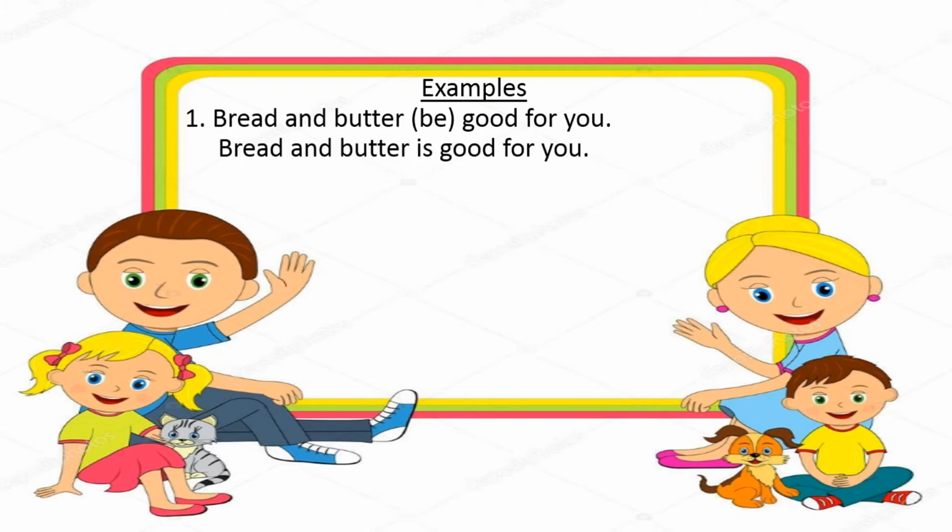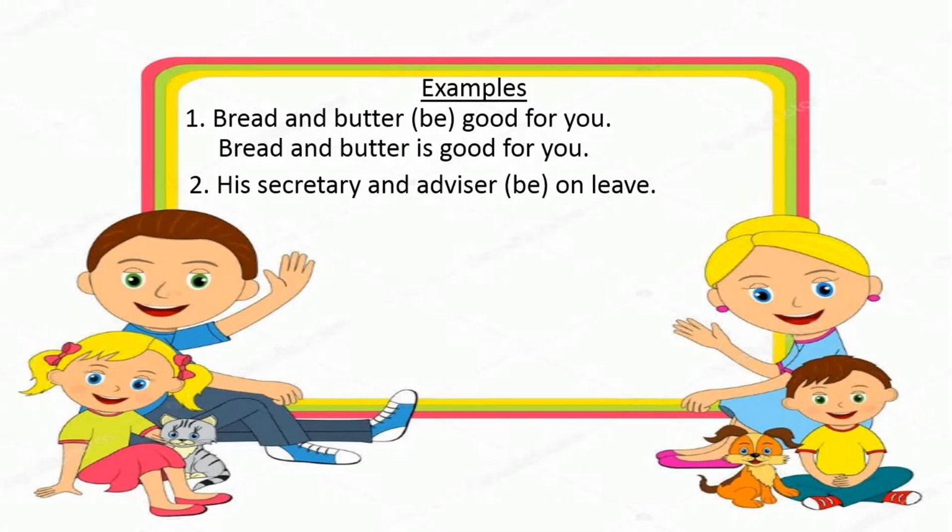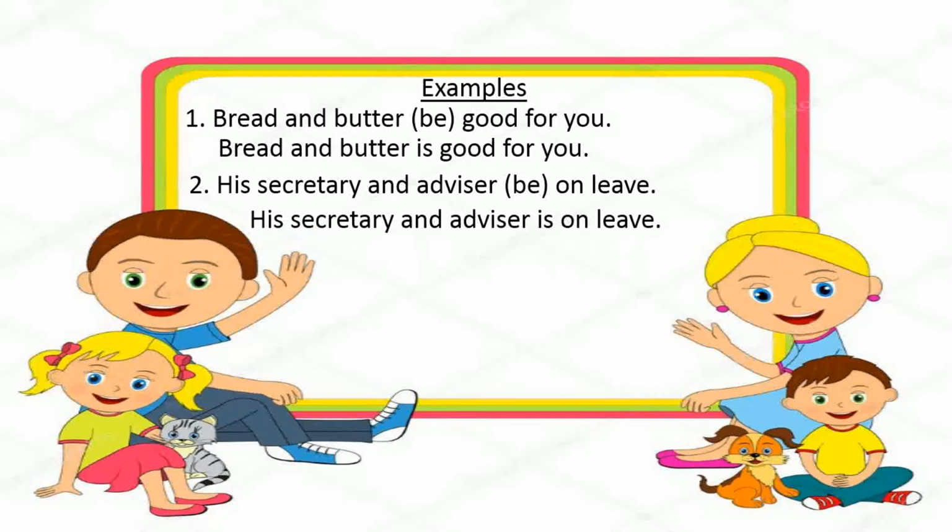So the answer will be: bread and butter is good for you, singular verb. His secretary and advisor (be) on leave. Here secretary and advisor indicate the same person, so the verb will be singular. His secretary and advisor is on leave.